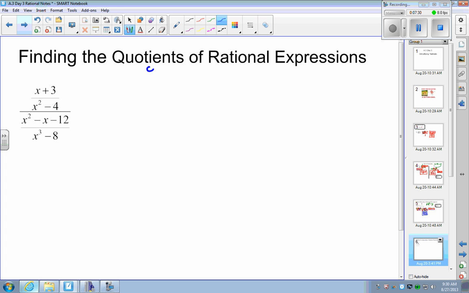Quotients of rationals. You guys remember quotient? It's the same thing as division. Now, before we get into this, you have to tell me how you're going to divide fractions. I don't know, let's do 2/7 here. So you don't divide fractions, you multiply by the reciprocal. So this would be 7/4.